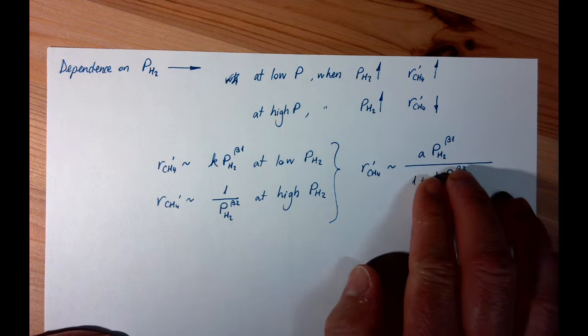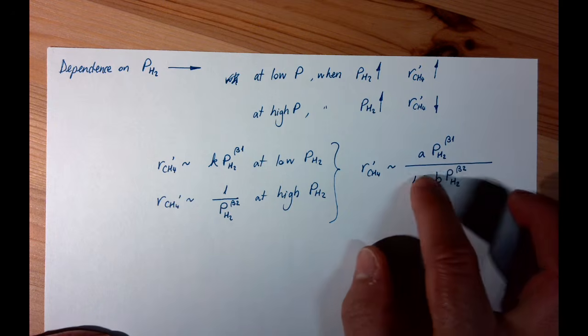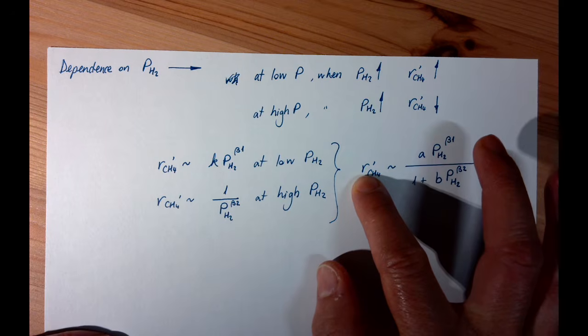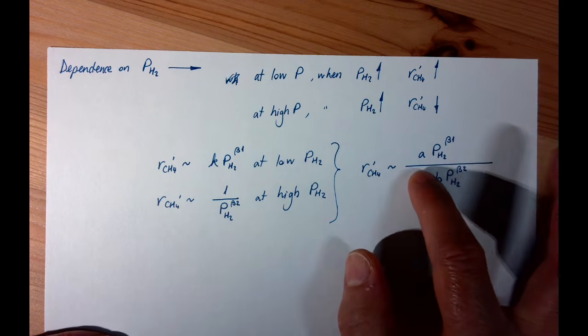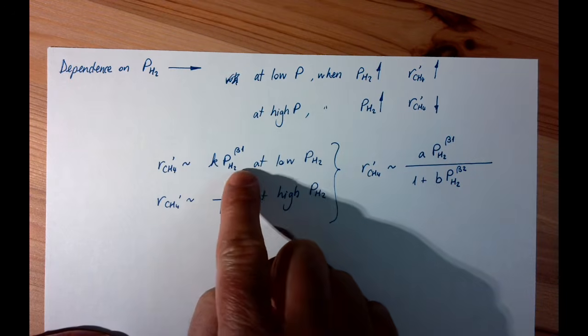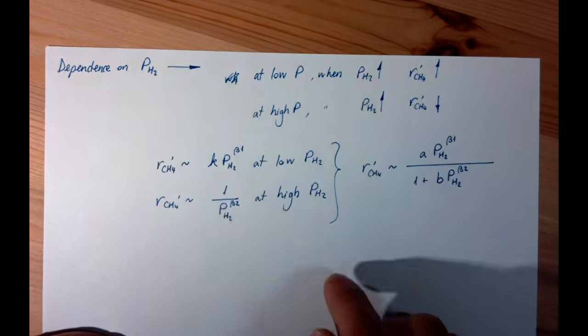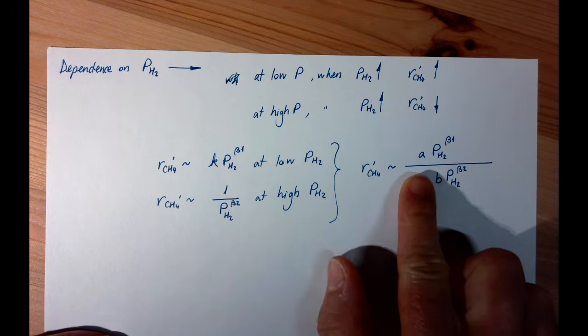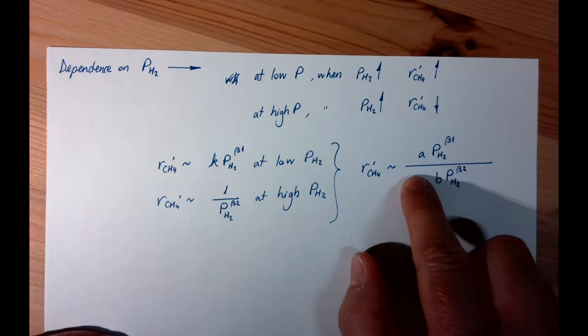So this term is negligible, and the rate would be proportional to the partial pressure to the power of beta 1, which is what we're saying is happening. When we have high pressure, this term is not negligible anymore, and it might even be higher than 1.